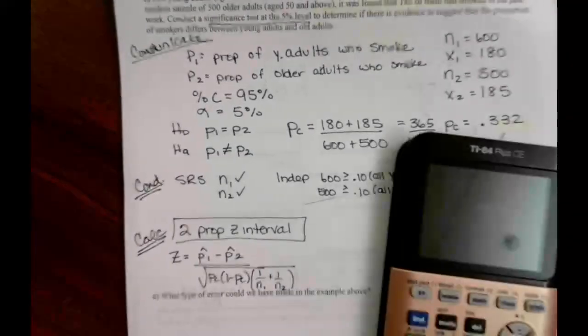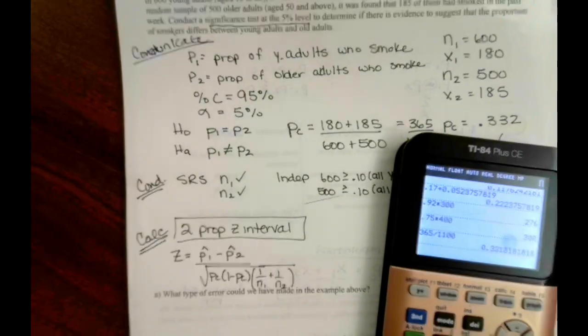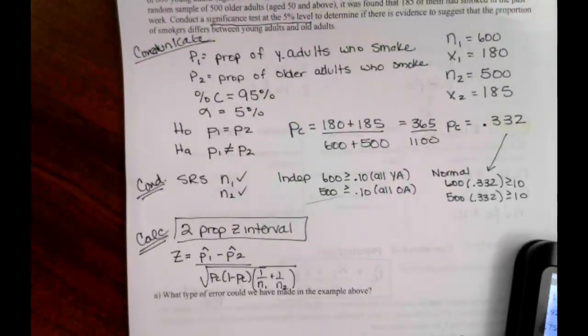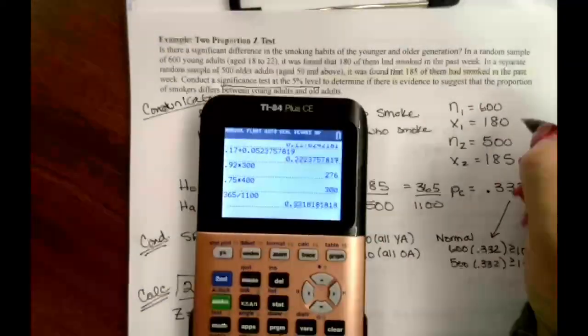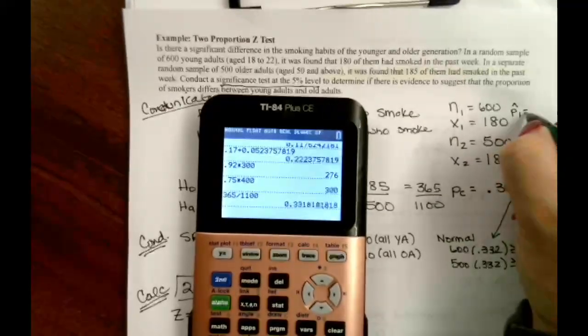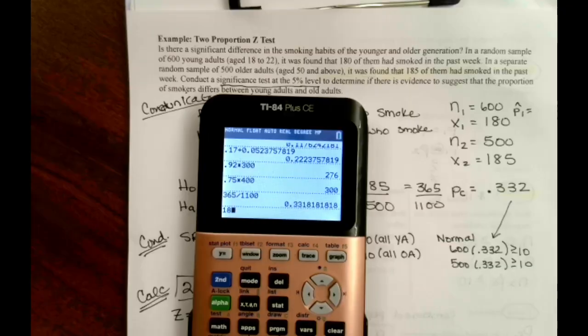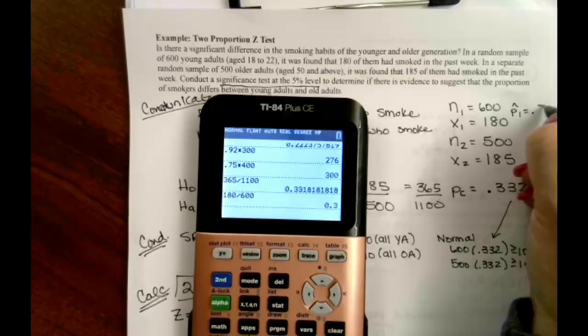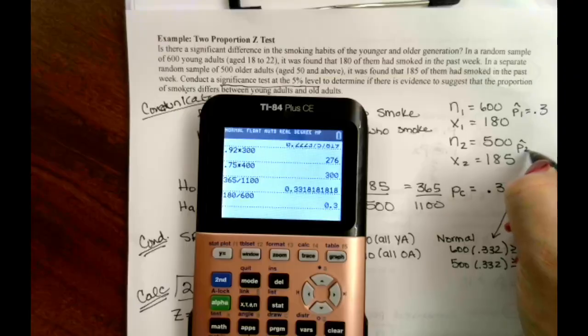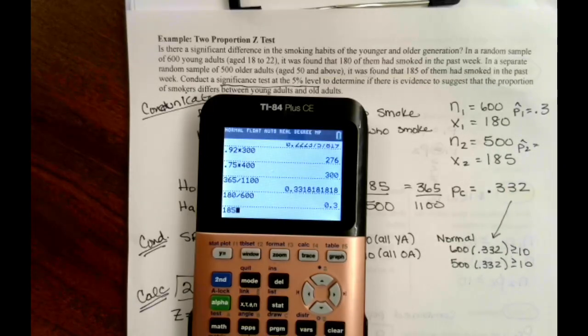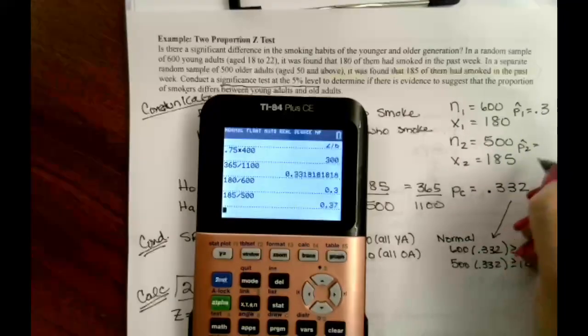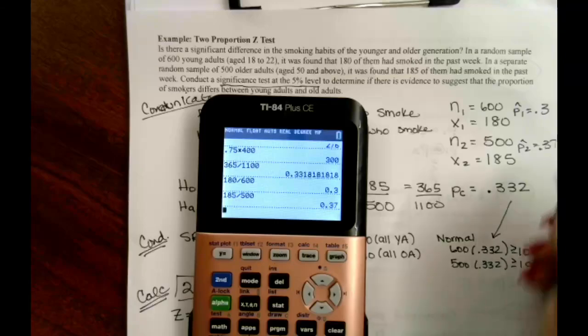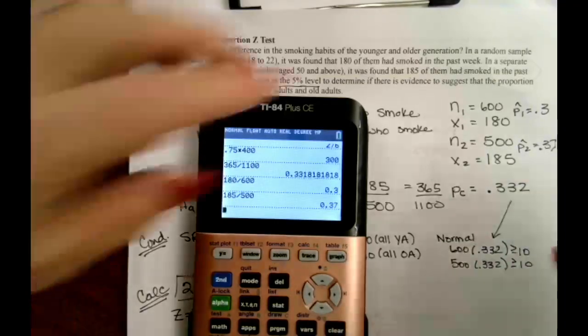Okay, so I'm going to plug all of this in my calculator. I actually didn't calculate p1 and p2, but I can do this up here. So p hat 1 is going to be 180 divided by 600, so 0.3. And my p hat 2 is going to be 185 divided by 500, which is 0.37.